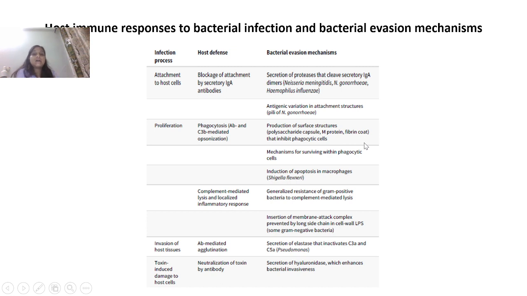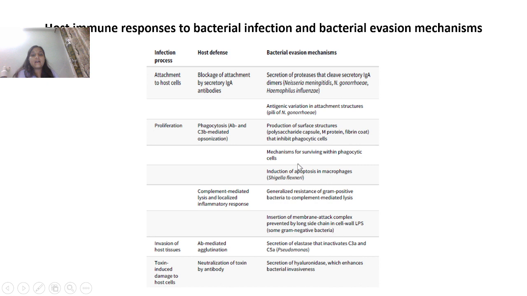So that will cover the surface of this bacteria, and it will inhibit the phagocytic cells. So if there is a presence of any coat or capsule, then the immune system will not be able to recognize these pathogens because the antigens are kind of shaded, or hidden from the immune system. So they will escape this phagocytosis process.